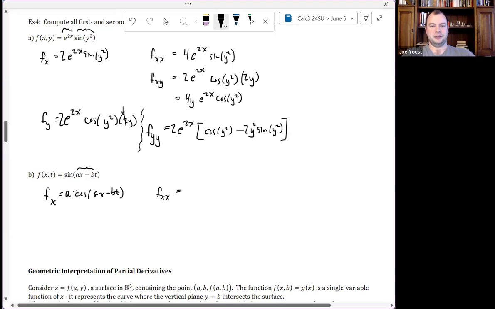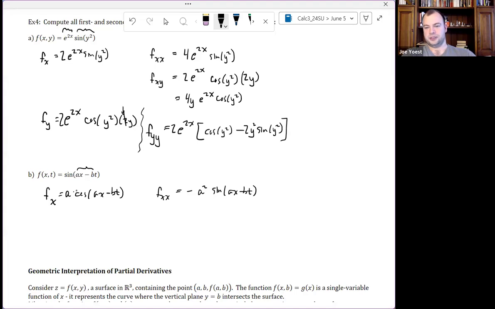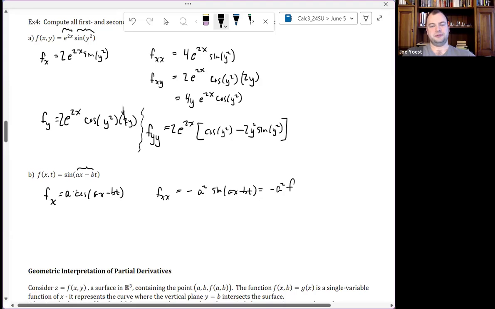For f_xx, well, the factor of a just comes out. I differentiate cosine and get minus sine. I get another factor of a coming out. So this just turns out to be minus a squared f.